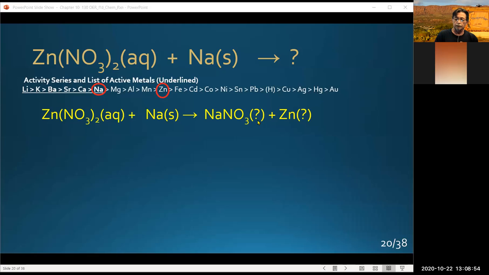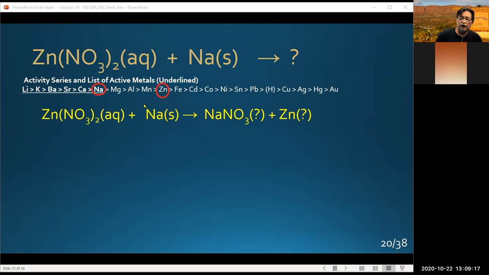And because the reaction will proceed, zinc went from a +2 state to a 0 state. That's a specific type of reaction, and I'll have more to say about it in a little bit. Notice where sodium went: sodium element.